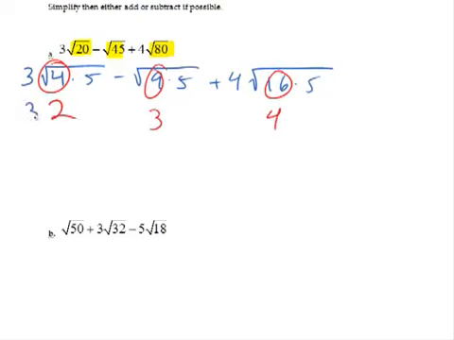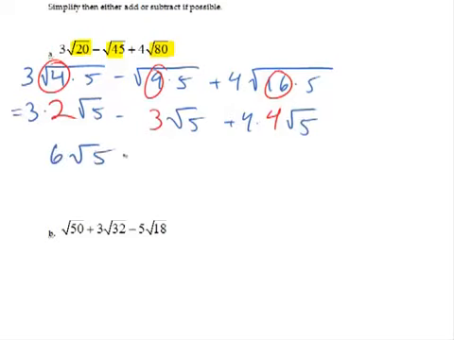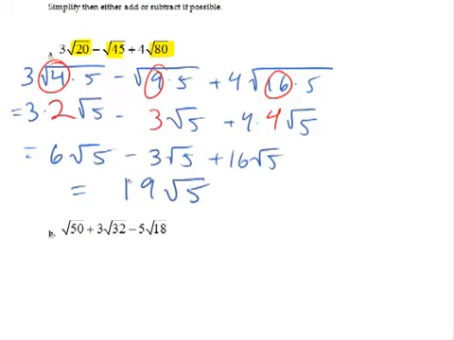And then multiply those with your coefficients in front, with our root 5s left over. So we end up getting 6 root 5 minus 3 root 5 plus 16 root 5. Combine these all together, we will have a 19 root 5. Again, because all of these pieces are the same.